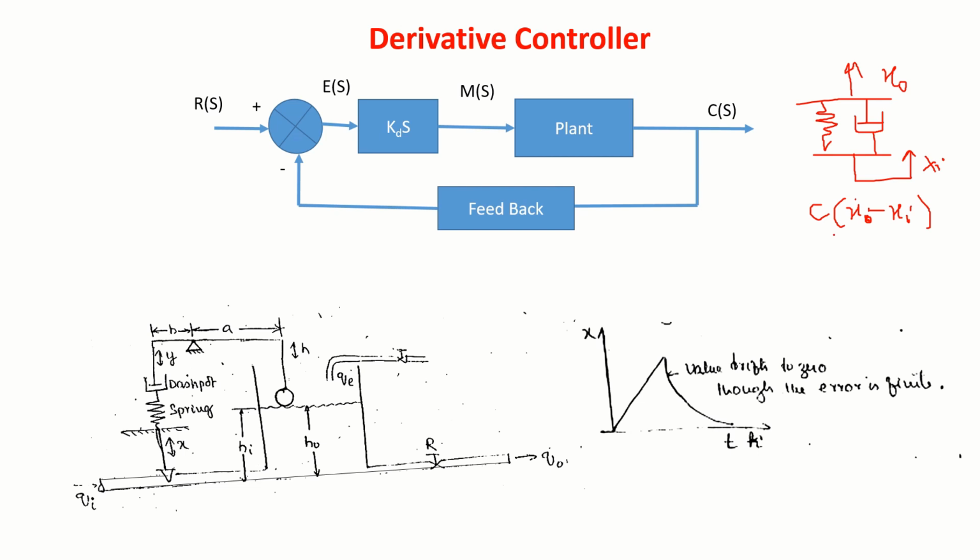So if I take Laplace, it will become Cs, because a first order derivative is there. So that's why here it is s. So a dashpot will act as a derivative controller.